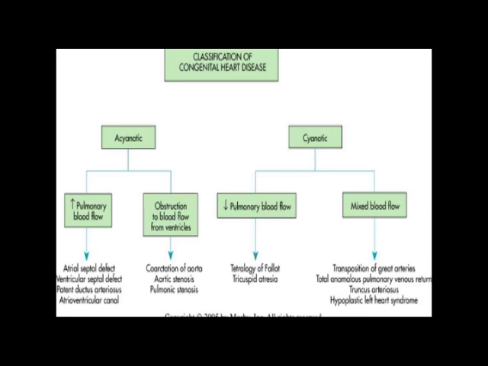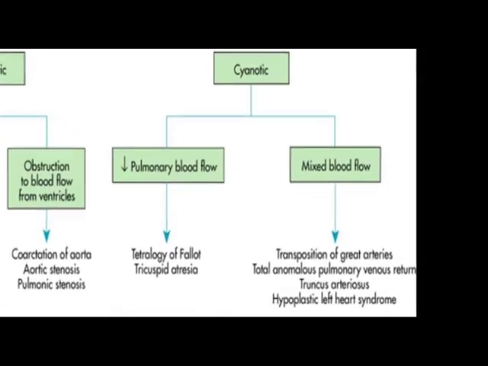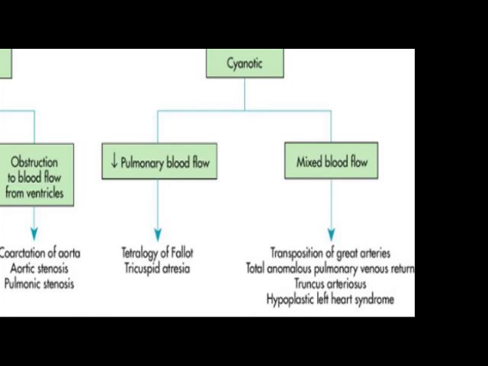Under the cyanotic side, you're going to see several of them. One is called decreased pulmonary blood flow. I mentioned tetralogy of Fallot, which we'll go over, but it is where there are 4 defects. Tetra means 4. You can also have a tricuspid valve that's just closed, which is atresia. And then there's some that's mixed blood flow, and you should at least know what they are.